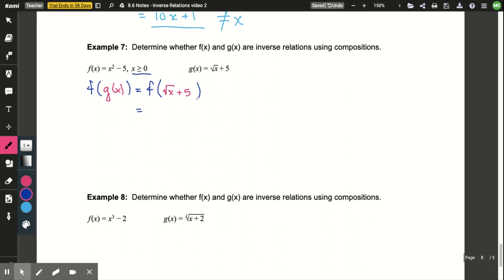We'll talk about that in just a little bit if we find out that algebraically these two turn out to be inverses of one another. So this would say x squared minus 5. In place of the x, I just put a blank. And my g of x function, that pink one, goes in the blank.